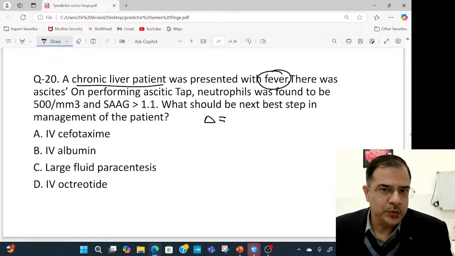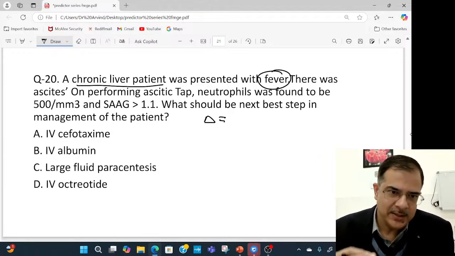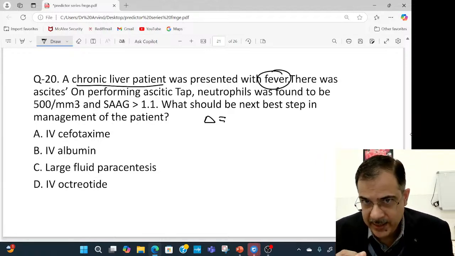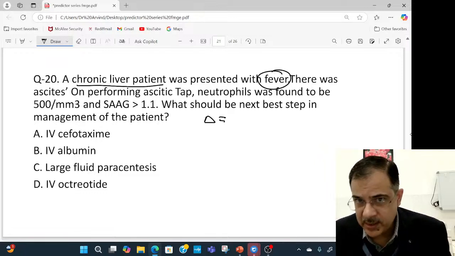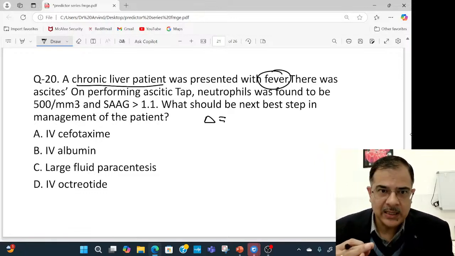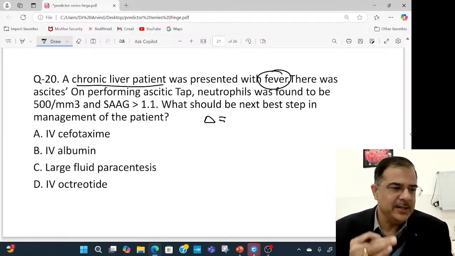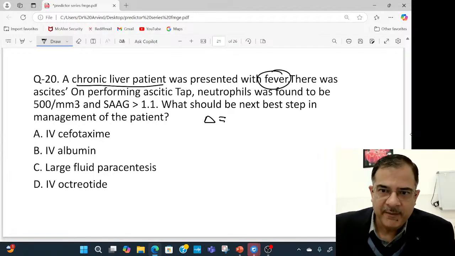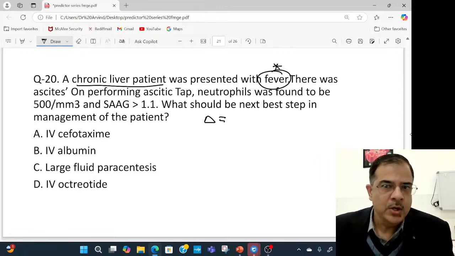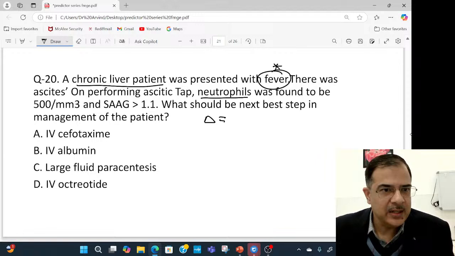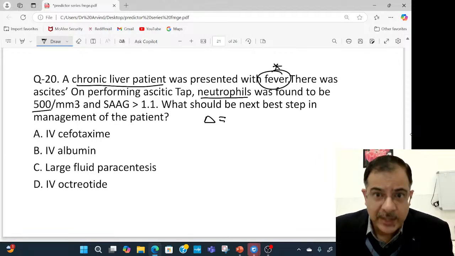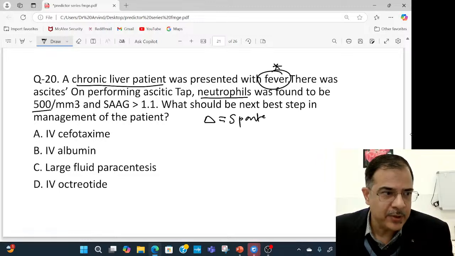What is your diagnosis here? Whether it is ascites due to chronic liver disease, or whether it is cancer, or whether it is spontaneous bacterial peritonitis. So answer: whenever fever history is given, always think of infection. And when the neutrophils in the ascitic fluid are more than 250, that is a diagnosis of spontaneous bacterial peritonitis.